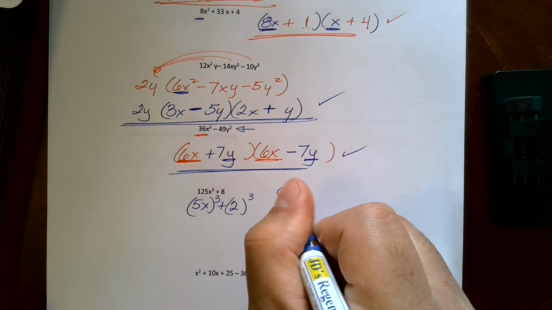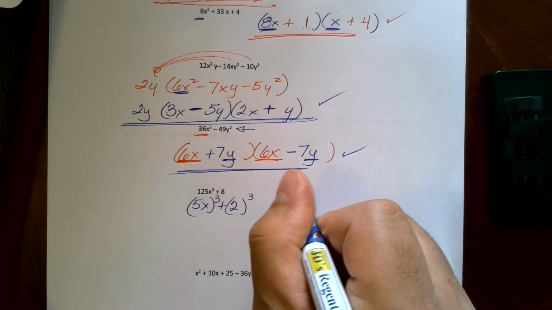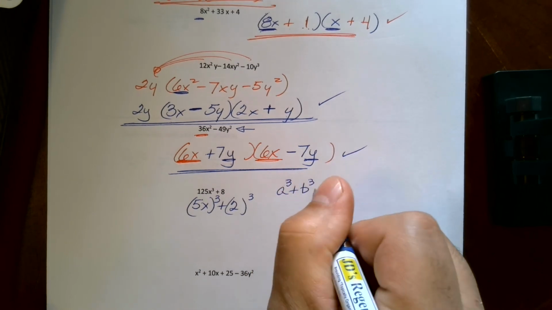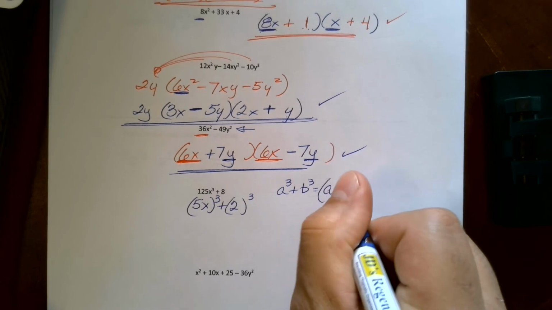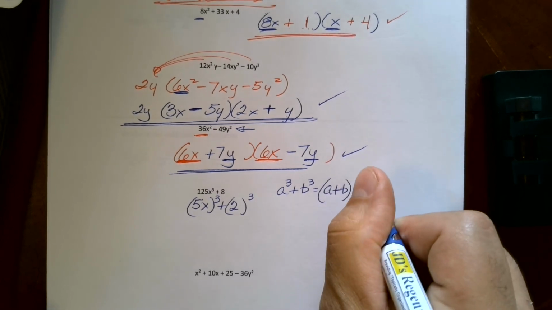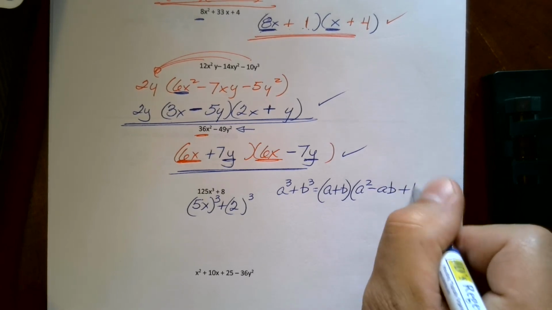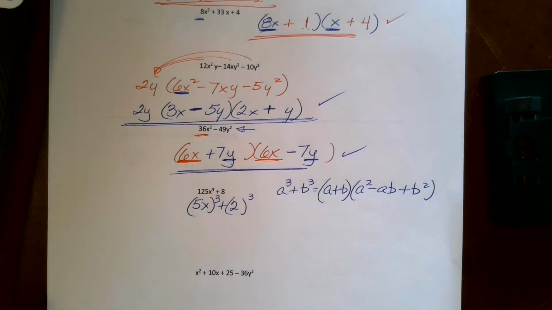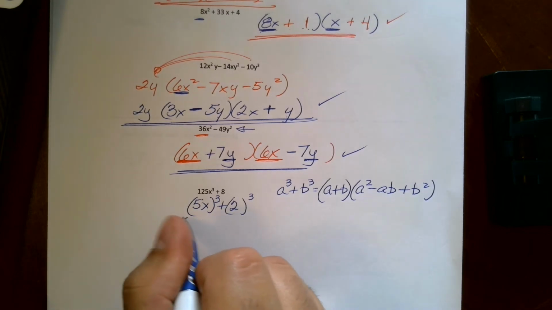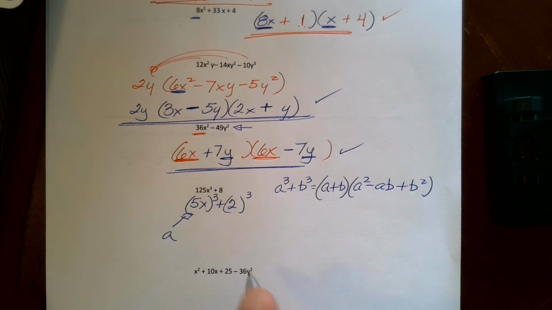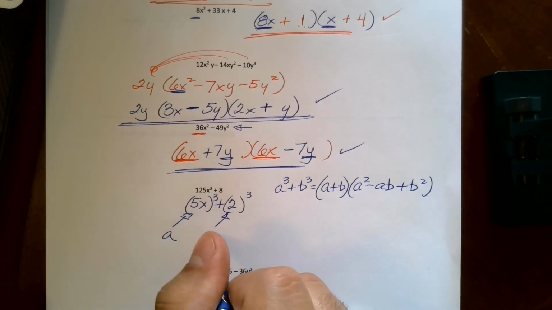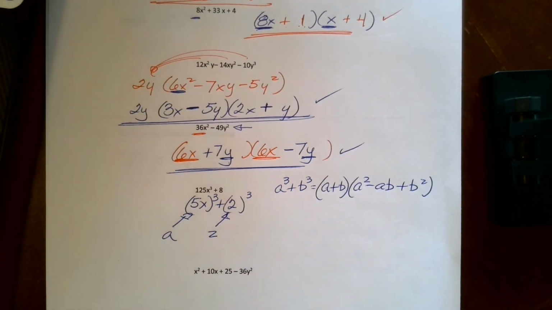I know my formula, a cubed plus b cubed is equal to a plus b times a squared minus ab plus b squared. That's my sum of cubes formula. Everywhere there's an a, I'm going to put 5x, and everywhere there's a b, I'm going to put 2.